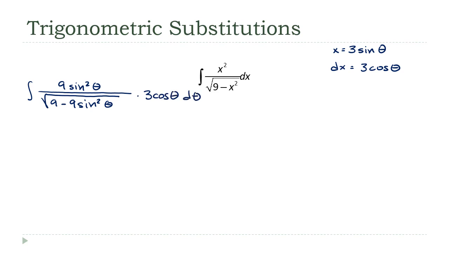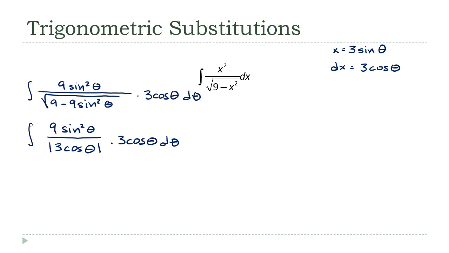Now, what happens in the bottom? This becomes the integral of 9 sine squared theta over the absolute value of 3 cosine theta times 3 cosine theta d theta. All right, so here we have this same situation again.